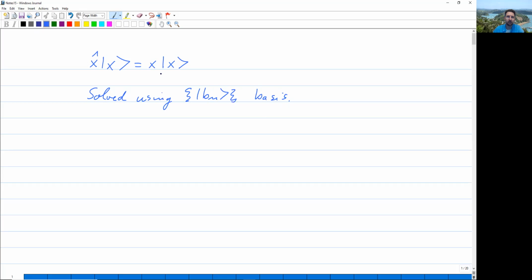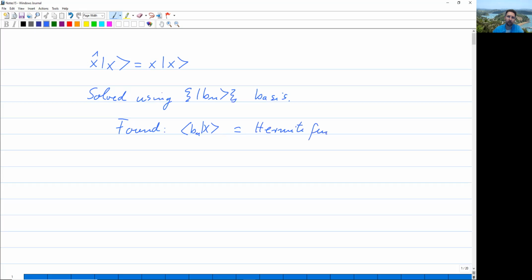So what we found is the eigenbasis. That is to say, we found for each position eigenvector its wave function. So this position eigenvector in the Bn basis, and they are, let me just write, Hermite functions.